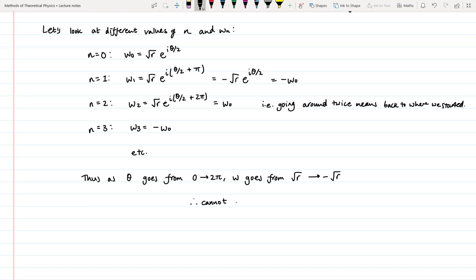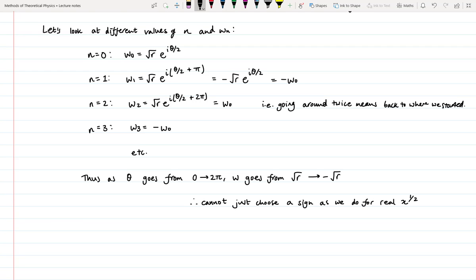In other words, you cannot just choose a sign for the square root function as we do for the real case.